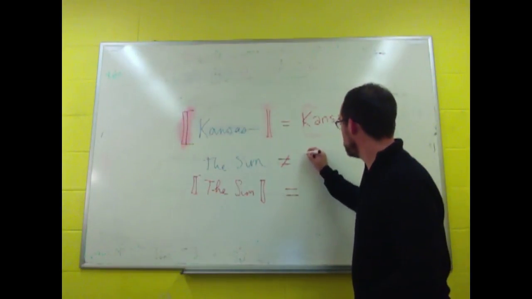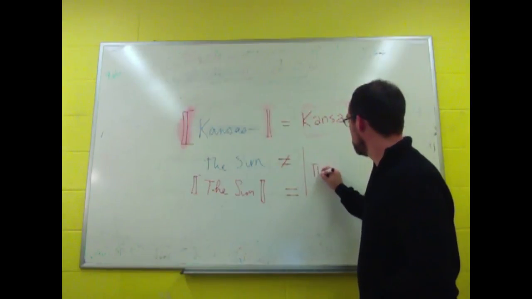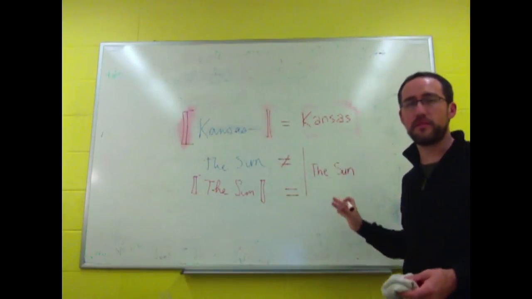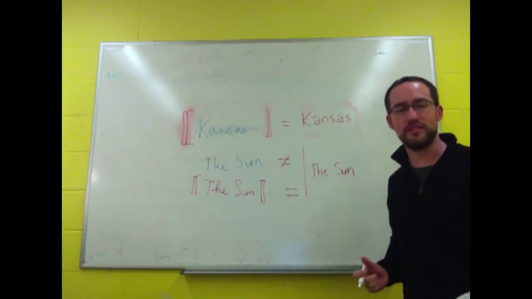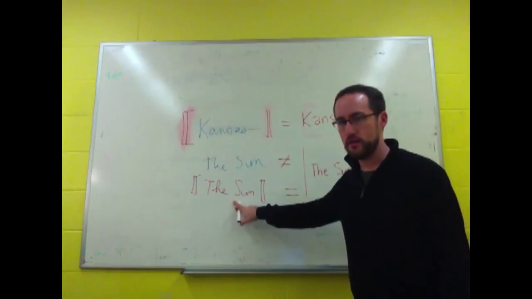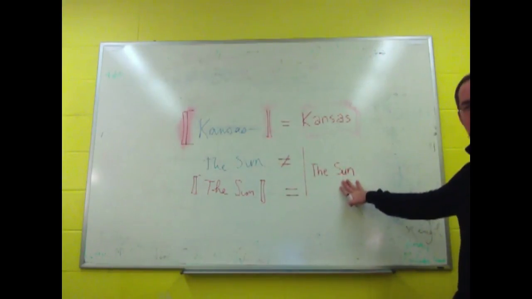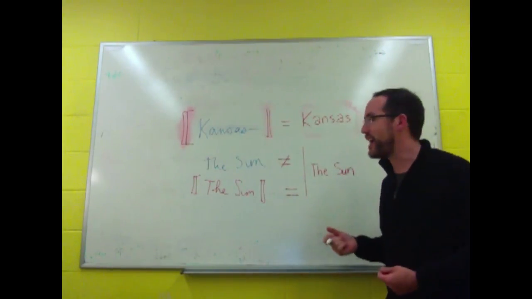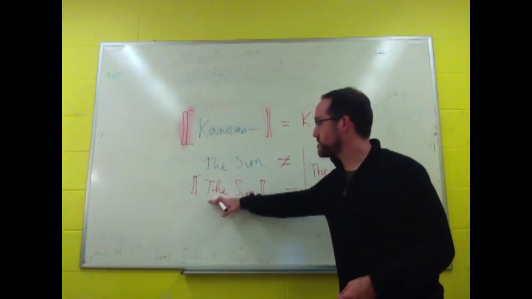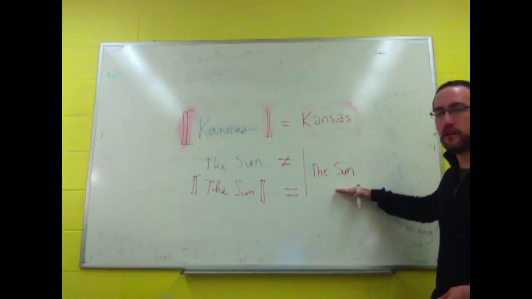And then here we have the sun. This is one of the reasons why we want to keep these modes of expression distinct. So this is the meaning of the sun, and it is the sun. Of course, we don't distinguish that in our intonation. So the meaning of the expression the sun is the actual thing, the sun.